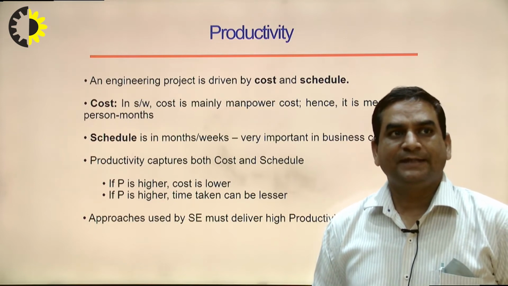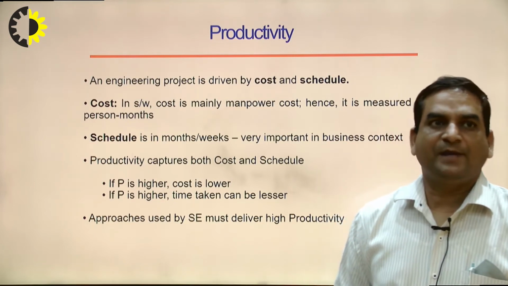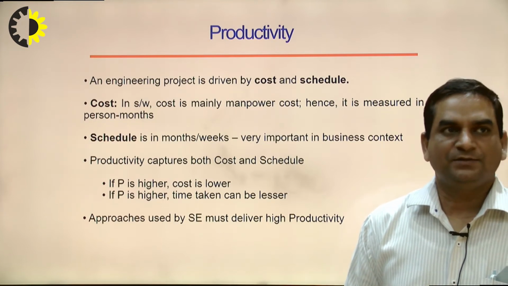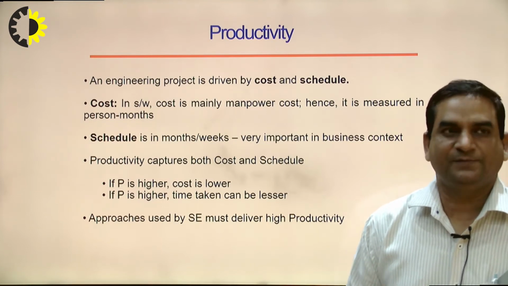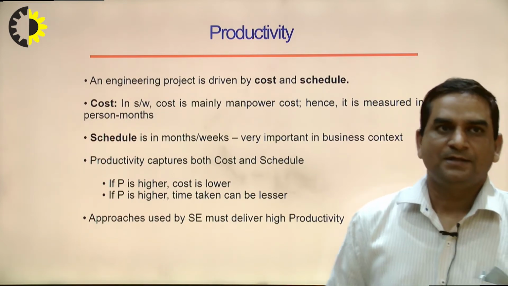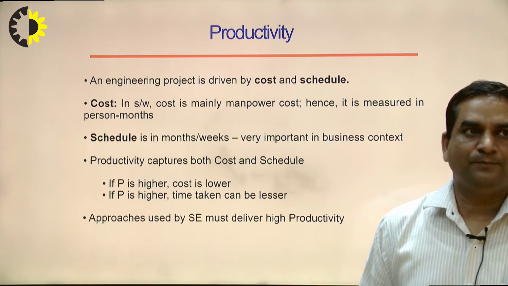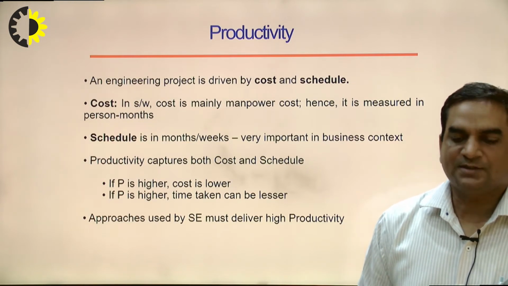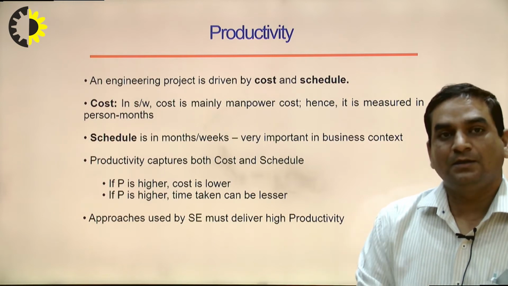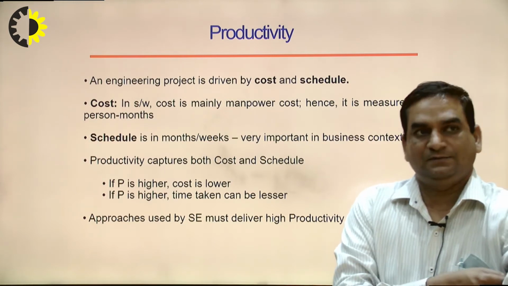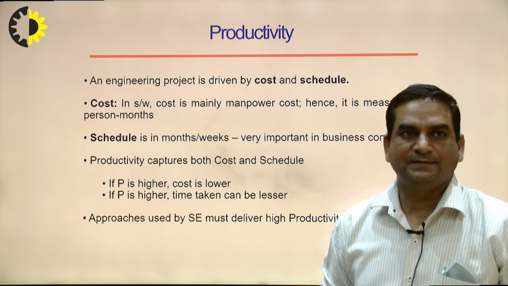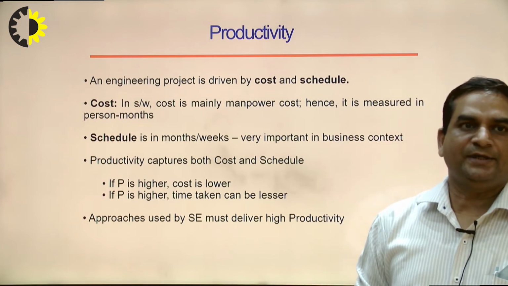Productivity. An engineering project is driven by cost and schedule. What is the cost? In the software perspective, cost is mainly manpower cost, so it is measured in person months. Schedule is in months or weeks, and schedule is very important in a business context.